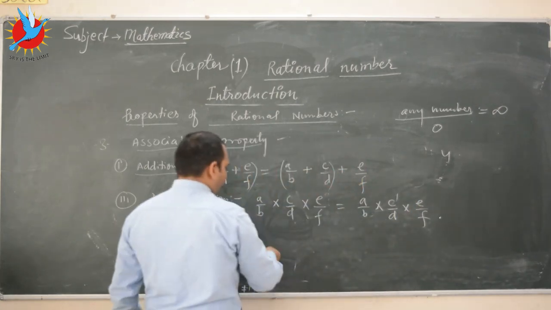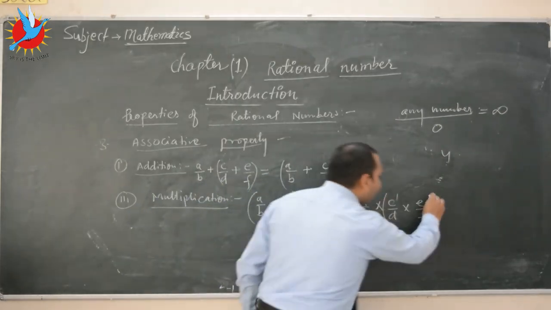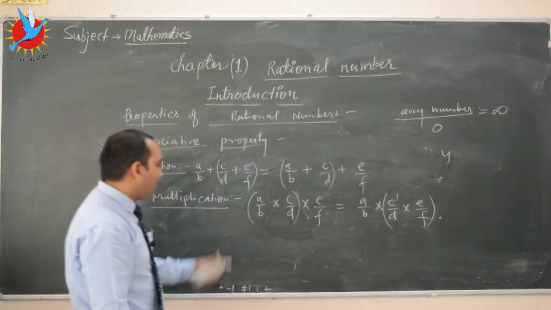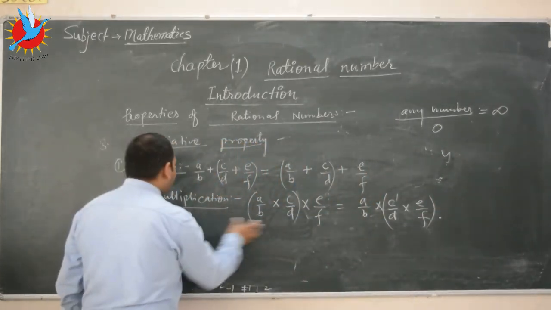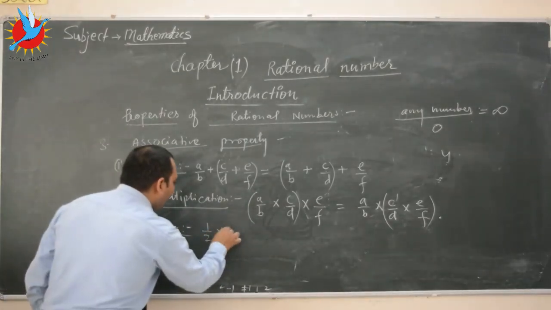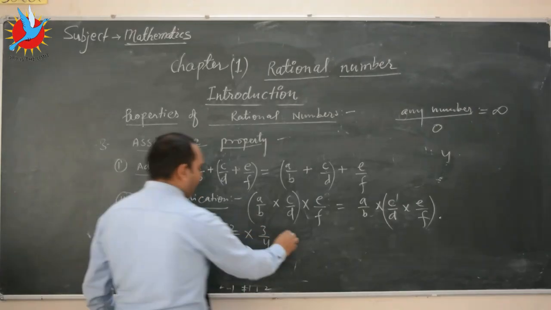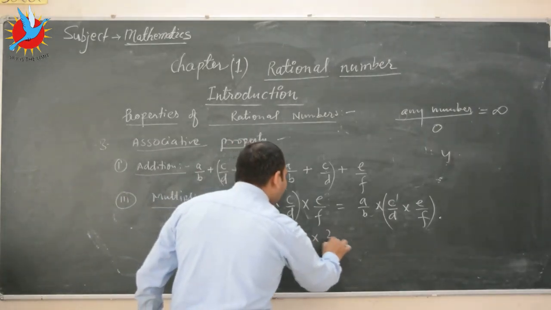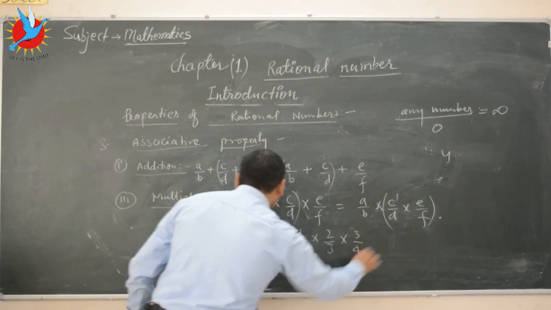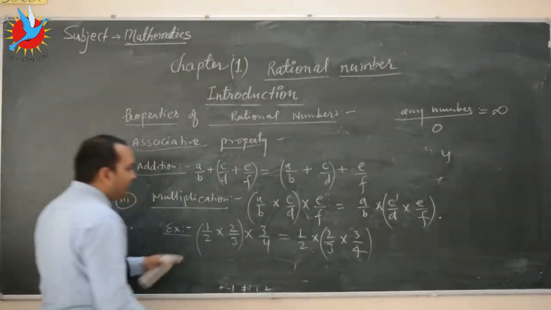So here we take the first two in a group and here we take the last two in a group, and it also satisfies for multiplication. We take one example, 1 upon 2 into 2 upon 3 into 3 upon 4. Here, the first two we take in a group and here the last two we take in a group.